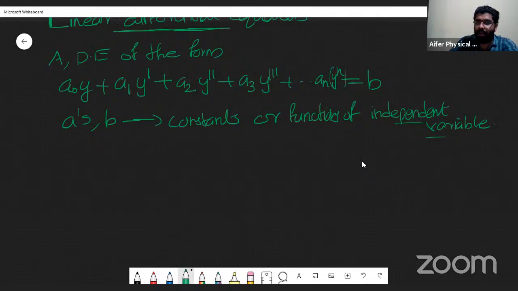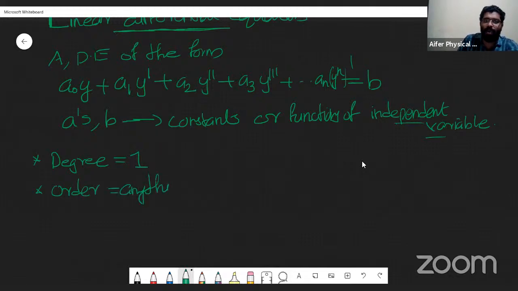But what is the degree? 1. So for a linear differential equation, the degree should be 1. What is the limit to its order? Order can be anything. One more point you can note from here is that the coefficients of the derivative terms should be constants or functions of the independent variable.